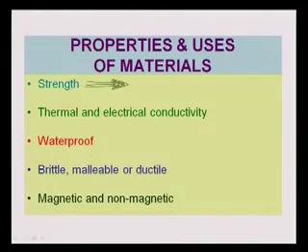Second thing is that some of these materials we use as thermal and electrical conductors. Or the opposite of that would be if we use them as insulators. In other words, if we want to prevent heat coming through or heat being lost.